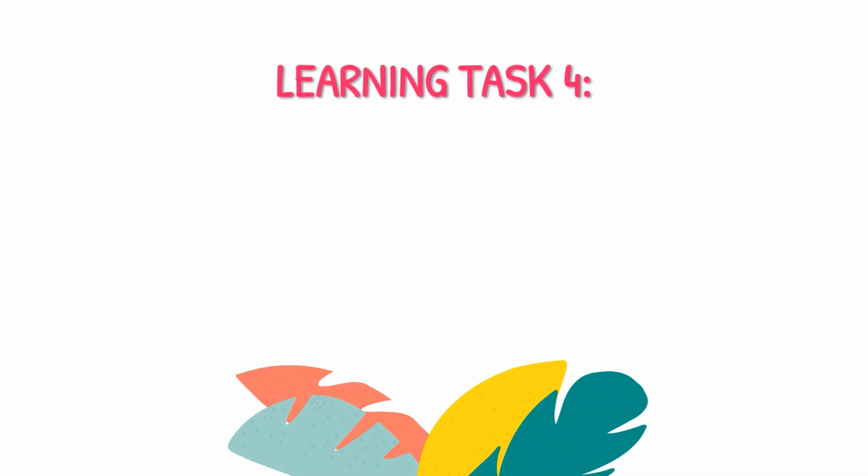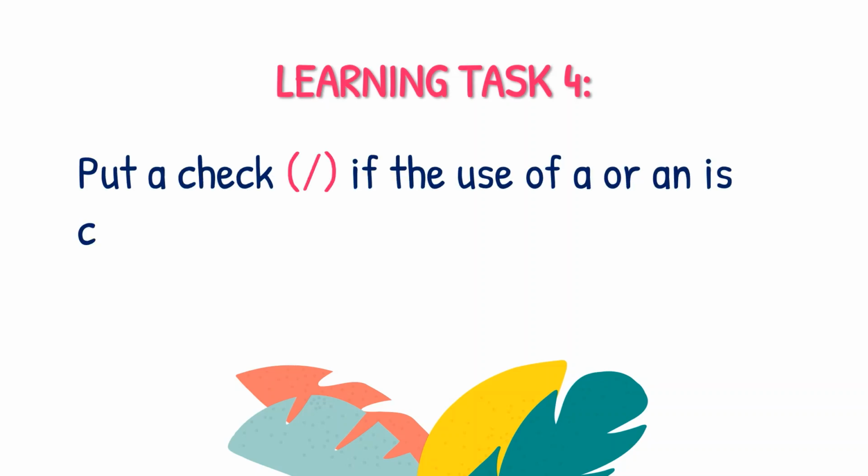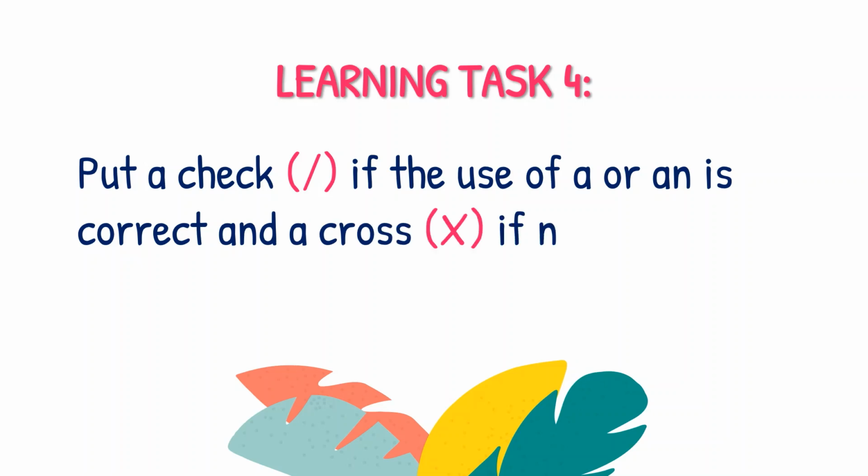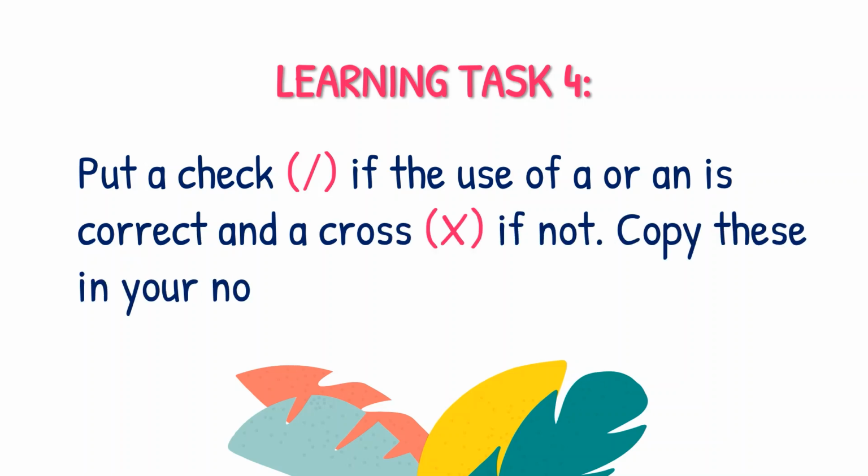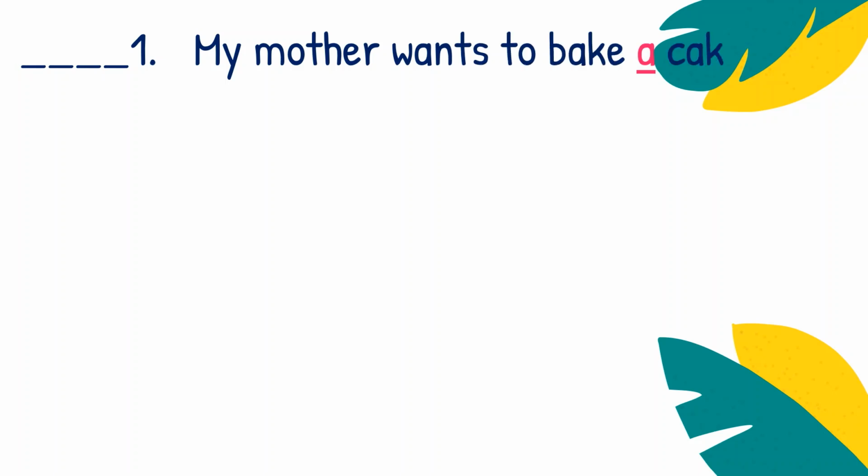Learning task number 4. Put a check if the use of a or an is correct and a cross if not. Copy this in your notebook. Number 1, my mother wants to bake a cake.